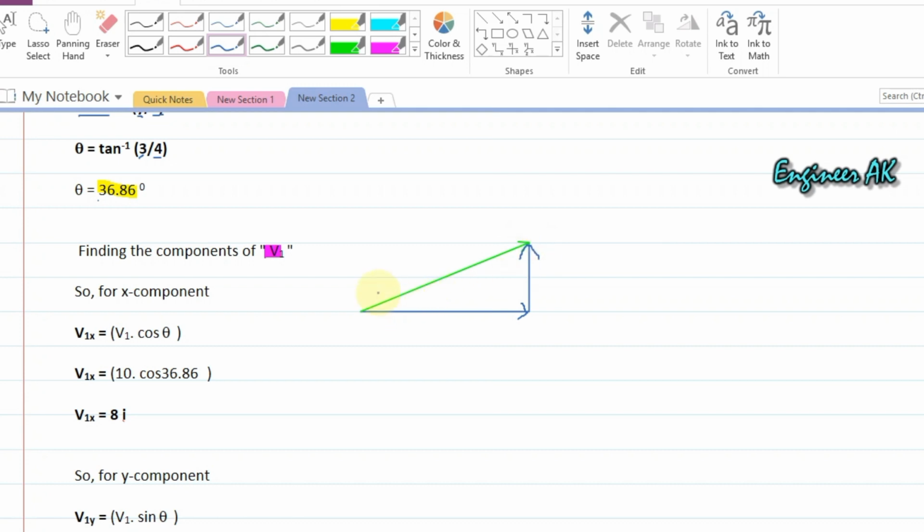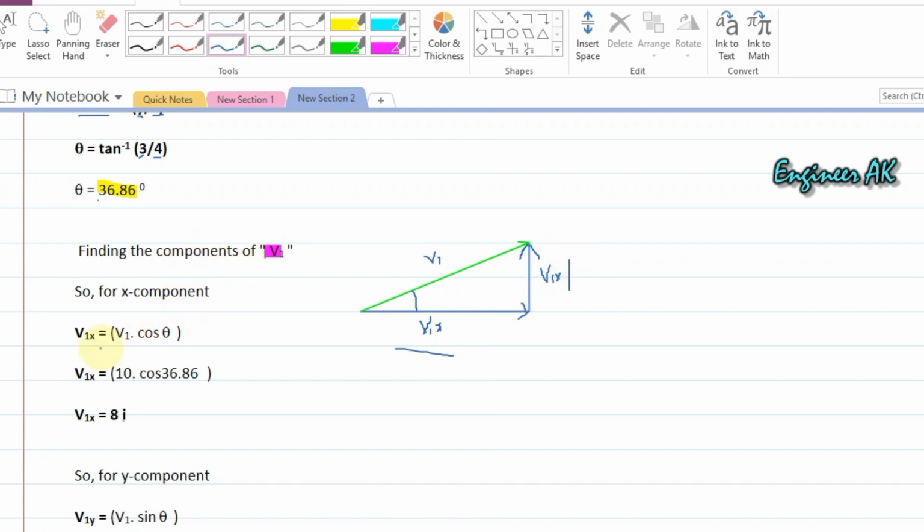This is the v1 vector actually, and this will be v1y, and this will be v1x because it is along the x-axis. And the angle it is making with the positive x-axis, we will take this as cos, and this as sine.